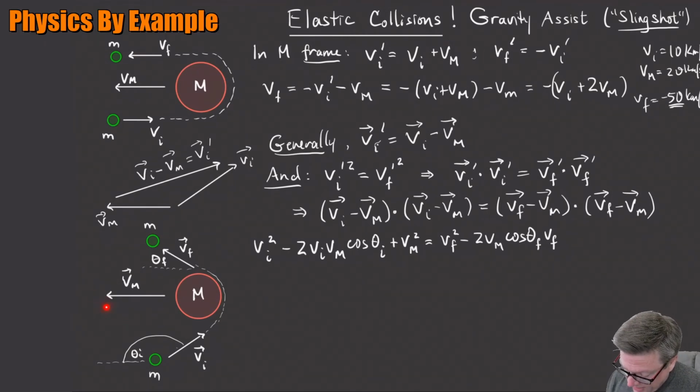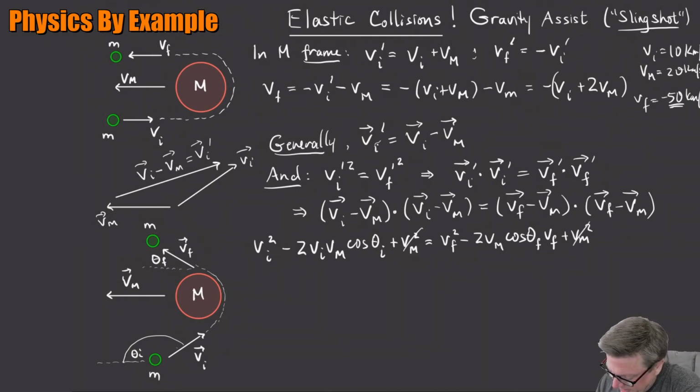Here's the angle between Vf and Vm. That's theta final, the final angle that the spacecraft is leaving. And then I have plus Vm squared. Oh, look, I've got Vm squared on both sides. That's nice, so that goes away.